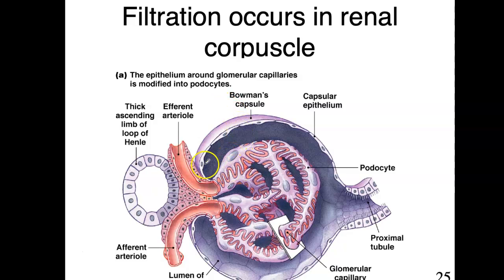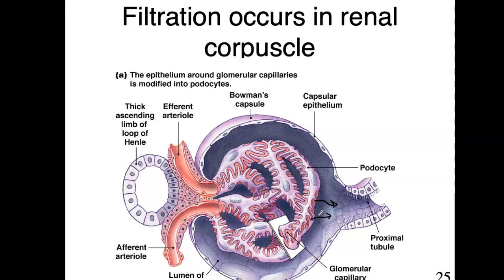This is just to show you that the epithelium around the glomerular capillaries is modified into these podocytes, which are these cells. And so notice how this is a cell here, and it sort of wraps around these capillaries, but they have big slits in them that are going to allow that fluid to come out of the slit.